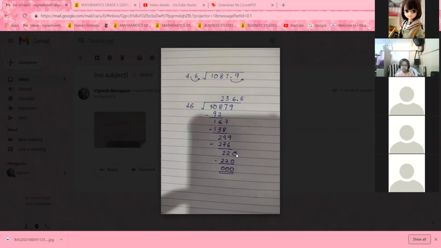If you add 0 here, you need to put a decimal here. If the number already has a decimal and you add 0, you need not put another decimal. Since this is not decimal yet, you need to put a decimal. 5 times 46 becomes 230.